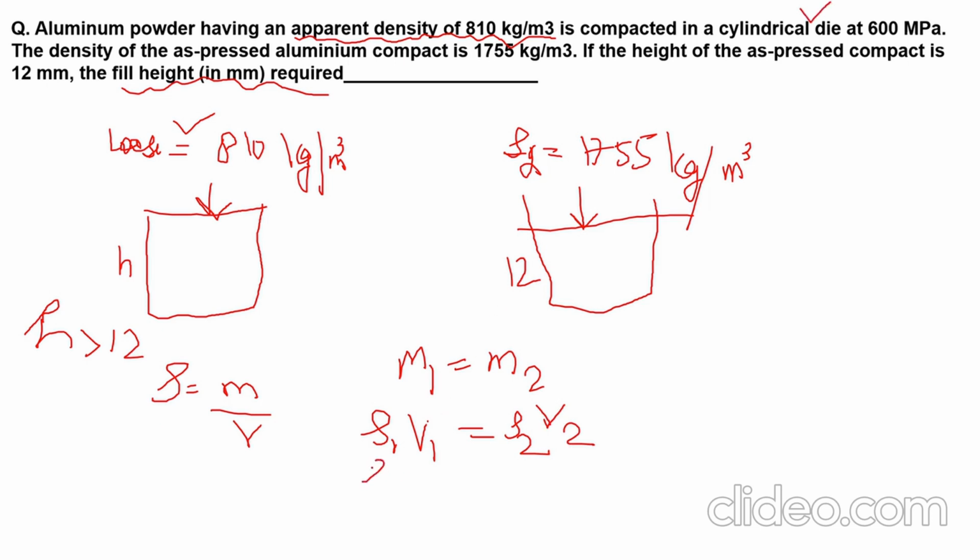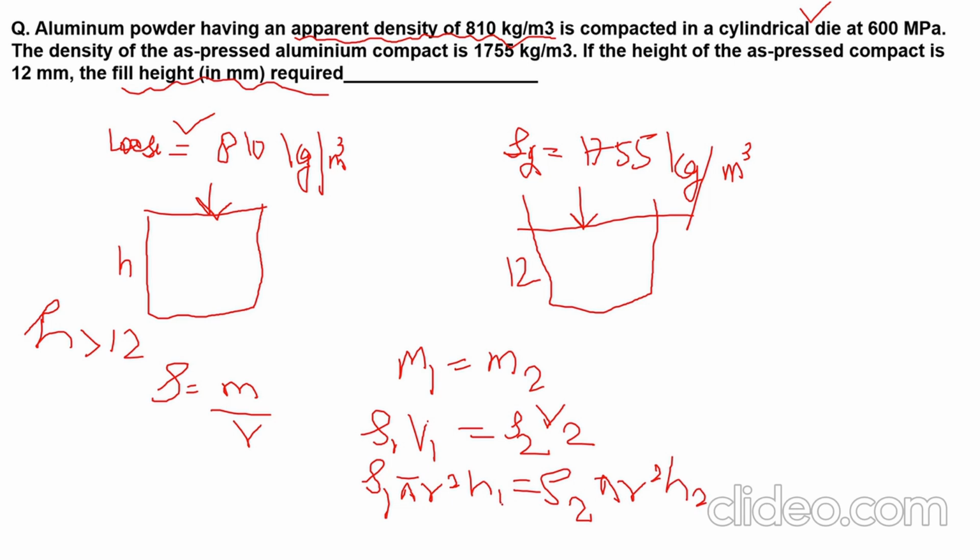So we can write density 1, volume 1 will be pi r square h1, is equal to density 2, volume 2 will be pi r square h2.